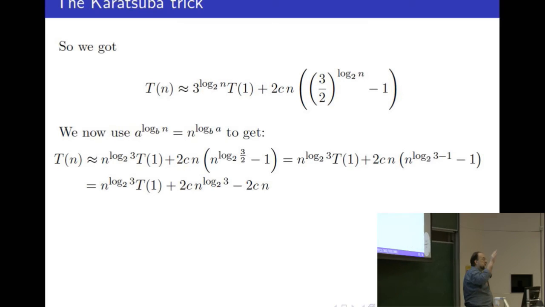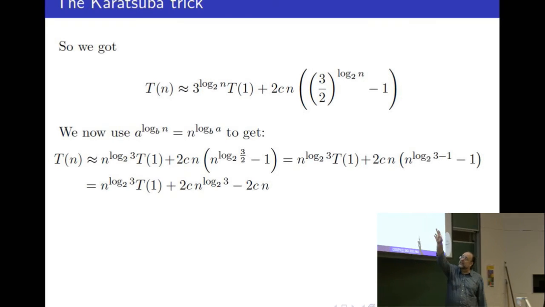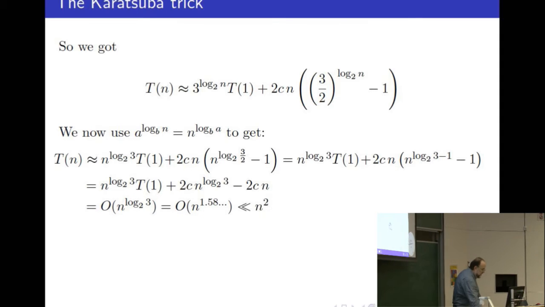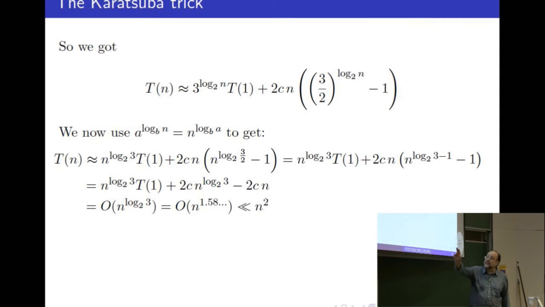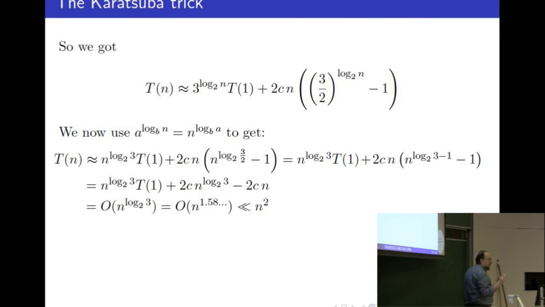Well, log 2 of 3 is bigger than 1. So this grows faster than the linear part. So the conclusion is that the solution of the recurrence is that the algorithm runs in time n to the log 2 of 3, which is n to the 1.58 and something more, right?